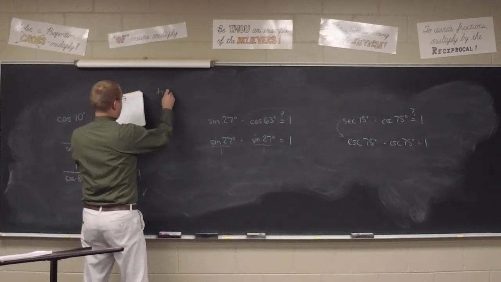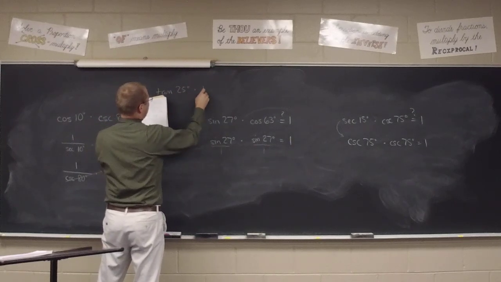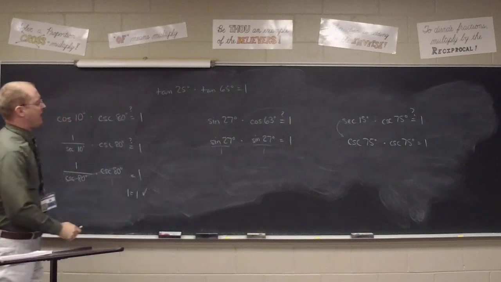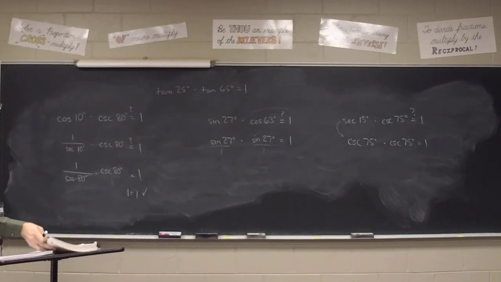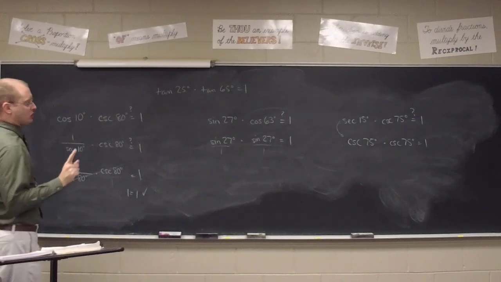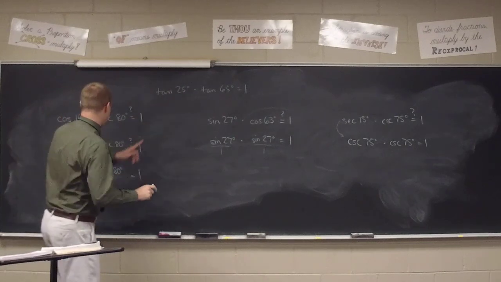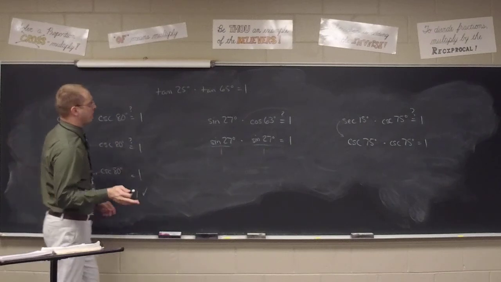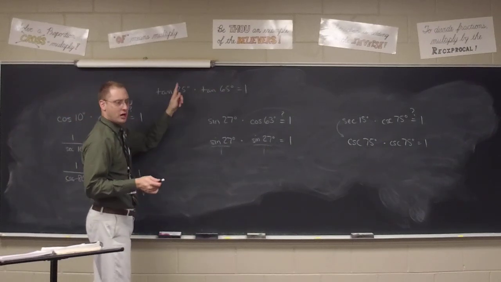Look at number 38. The tangent of 25 degrees times the tangent of 65 degrees equals 1. They already match. Do they cancel? Well, the functions match, but the angles don't match. Remember, to cancel, I would need both the function and the angle. Is there any way, shape, or form to get the angles to match up?